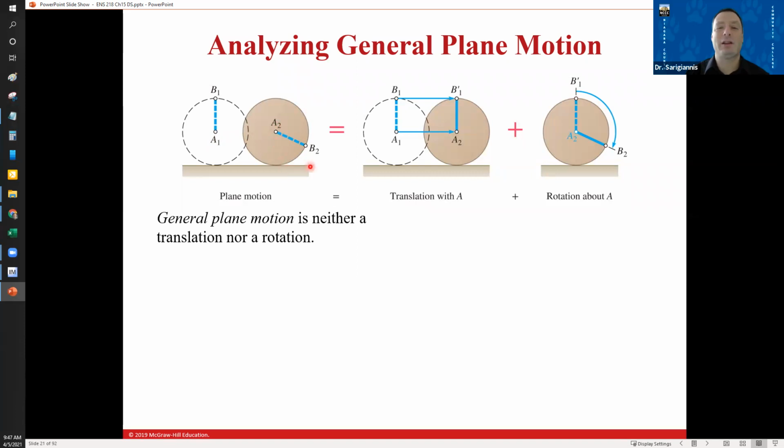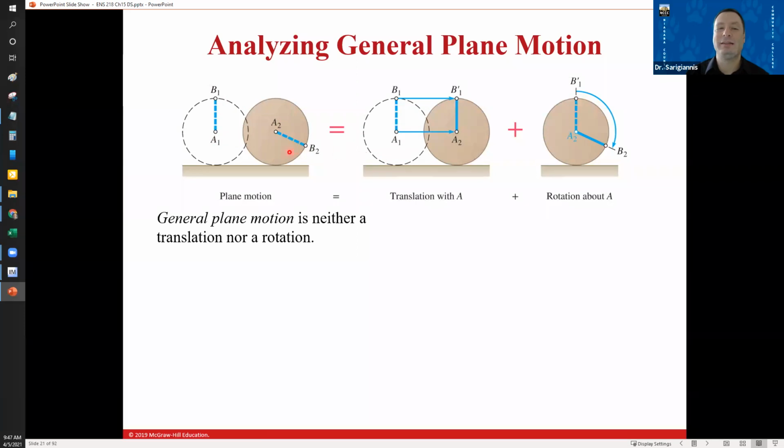Now, we can look at this as a superposition of two motions. We can look at this whole circle as having been translated, right? That's a direct translation with A. Plus, it's been rotated about A to get B's new position, right?